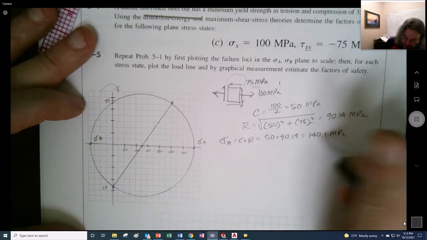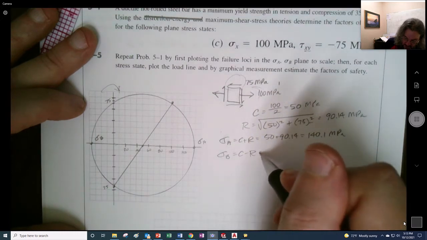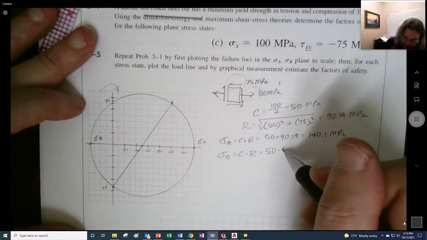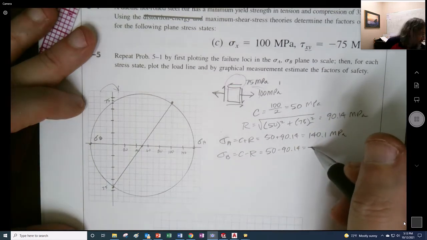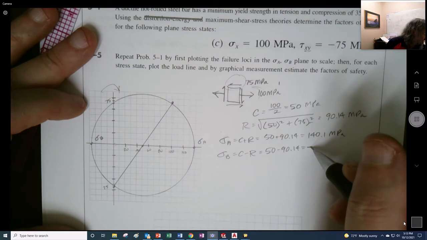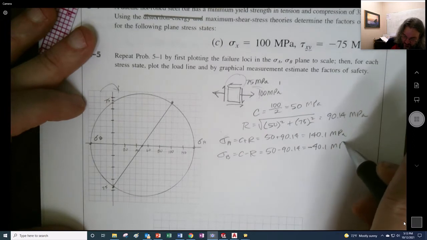You see that it's positive, it's tension. Sigma B is C minus R, or 50 minus 90.14, or a negative 40.1 megapascals. Good enough.